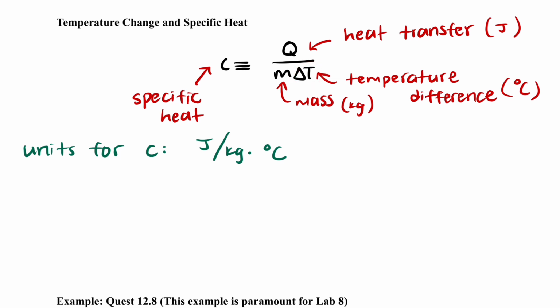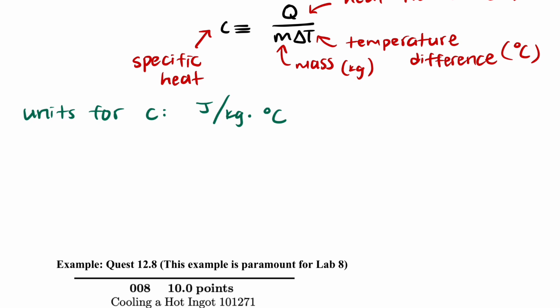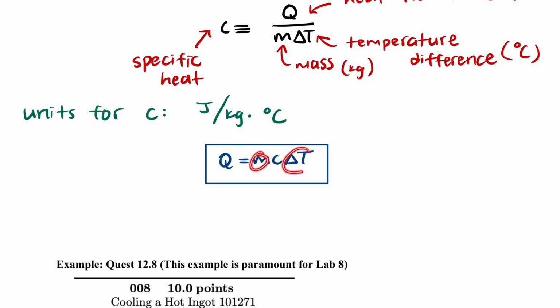So if we multiply by the product of the mass and temperature difference, we'll end up with this formula, which is the one in the form we'll use it the most. I'm going to box it. And you can see heat transfer depends on mass and change in temperature difference.